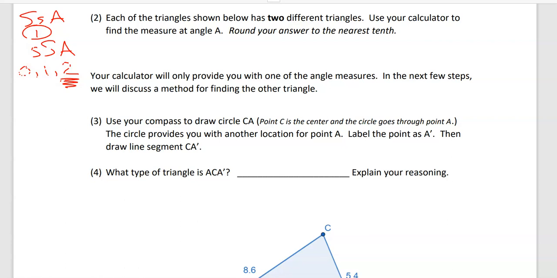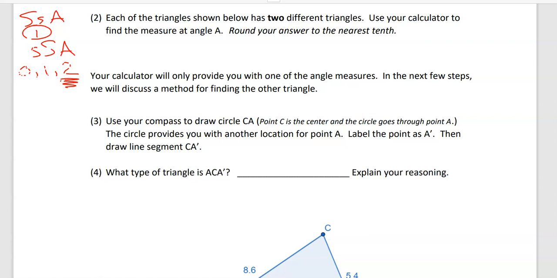All right. As you find angle A first, it asks you to use your compass to draw a circle CA, where C is the center and it goes through point A. This will provide the other location for point A. Keep in mind, when we did the GeoGebra sketch using your Canvas page, when we slid that side around so it intersected the angle, it either didn't touch it at all, touched it once, or touched it twice.